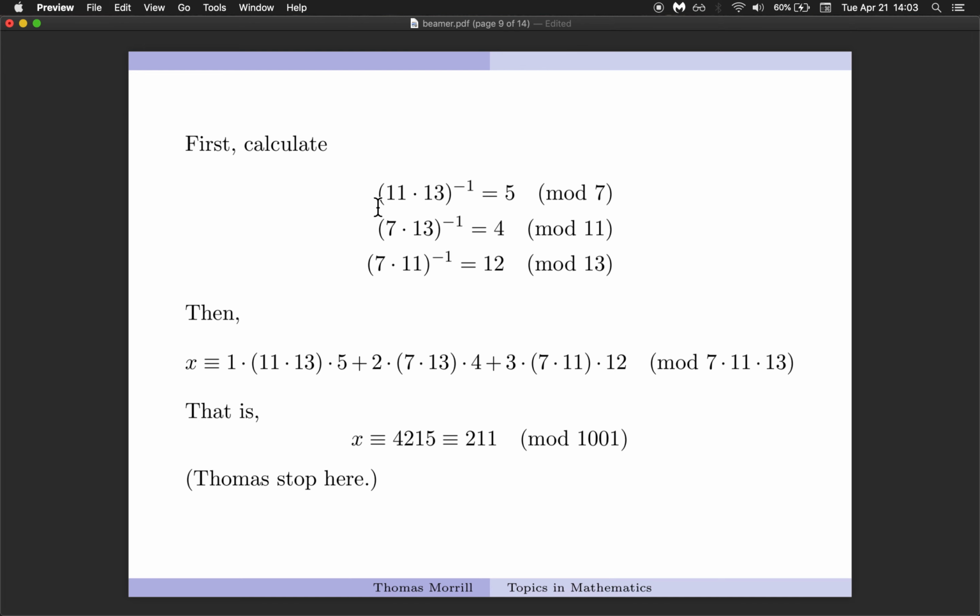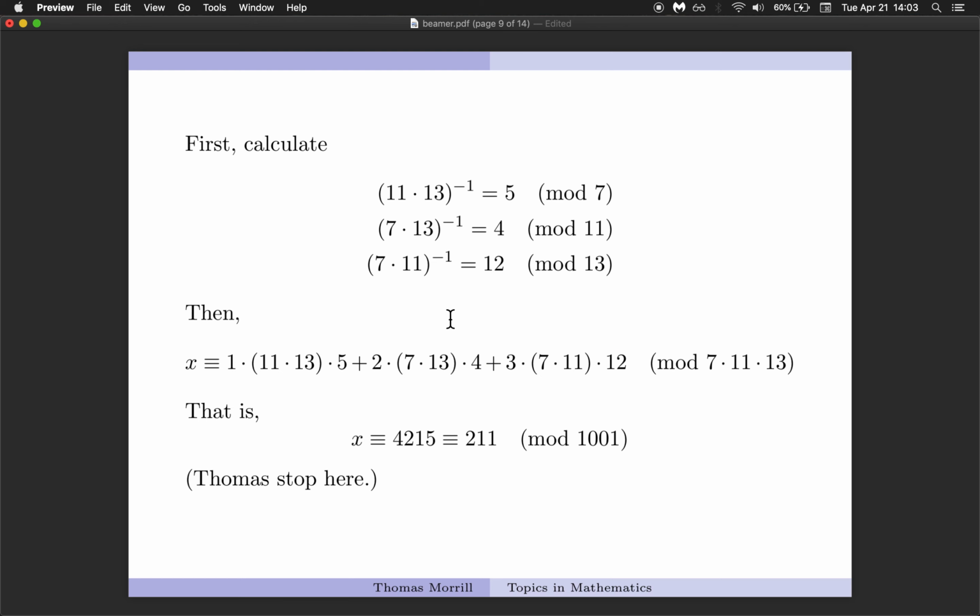So you'll need to show me what moduli you're using, where you have calculated your inverses, what those inverses actually are, and spell it out what is the final formula for the x that is your solution.